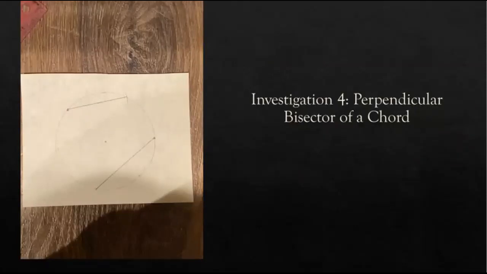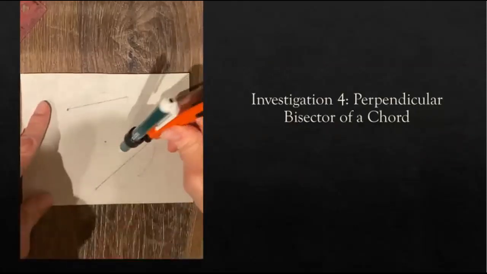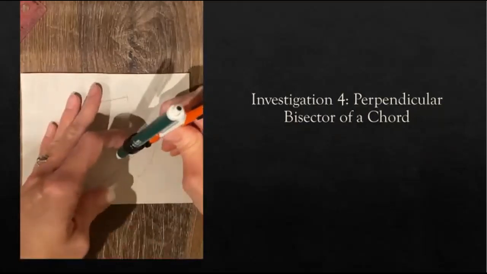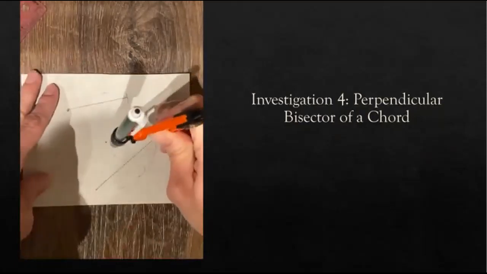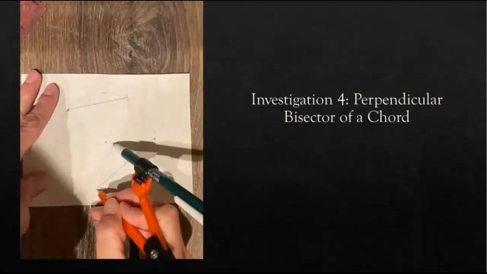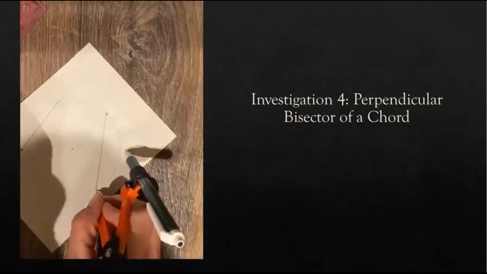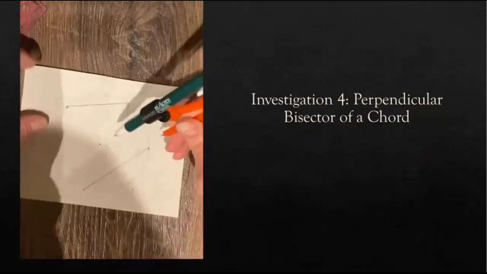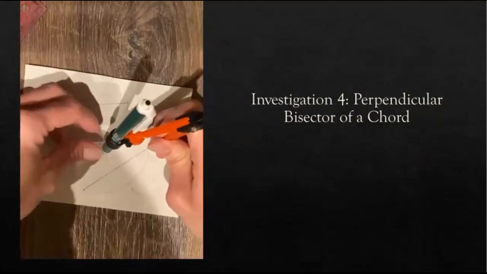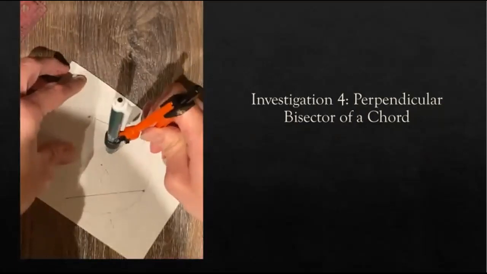So here I've drawn two chords, and I'm going to make the perpendicular bisectors. Remember, I do that by making an arc across the top and the bottom of the line from either endpoint of the segment. And then when I connect where those intersect, I will get my perpendicular bisector.